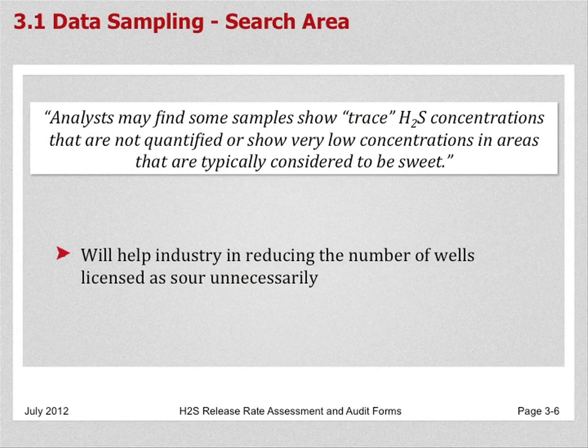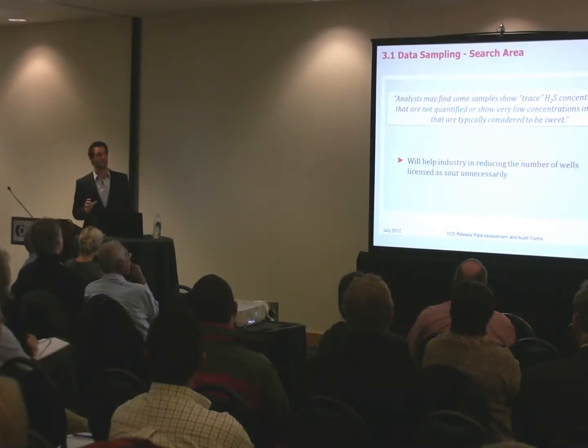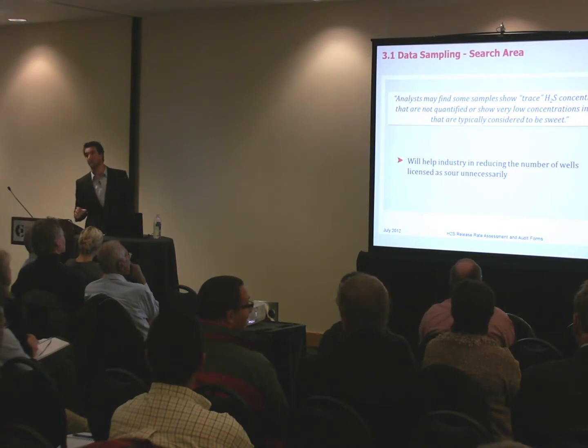Okay, so still on data sampling and search area. They are addressing trace H2S, which is fantastic. A round of applause to the CAPP guidelines for this. For those who are aware, there's a lot of samples in our public domain that speak to a trace H2S, and in a lot of cases those trace gas analyses are being identified and they're causing wells to be licensed as sour when they didn't necessarily need to be.